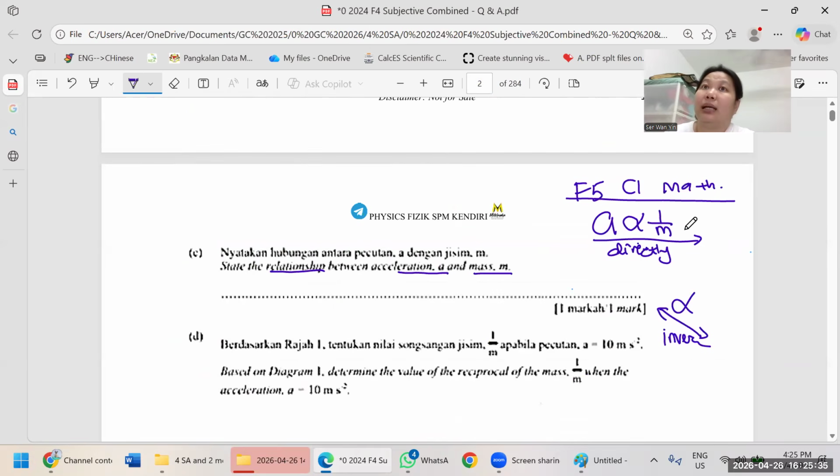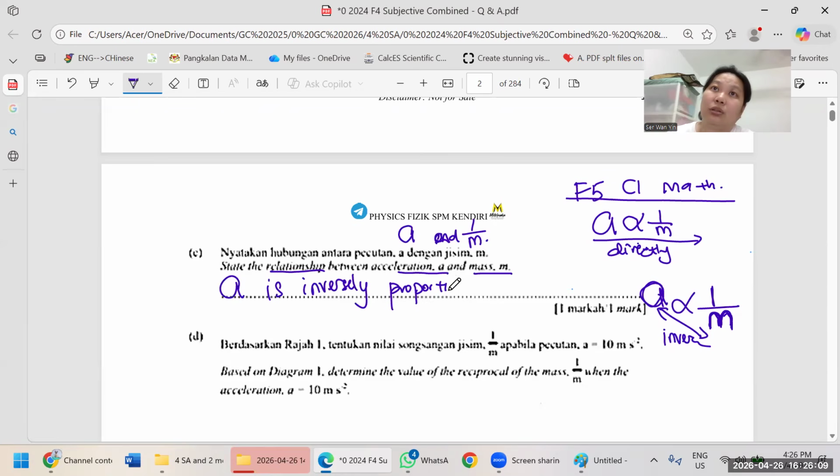If they ask the relationship between A and 1 over m, we say directly proportional. But they can also write this in this way. That means A and m: A is inversely proportional to m.